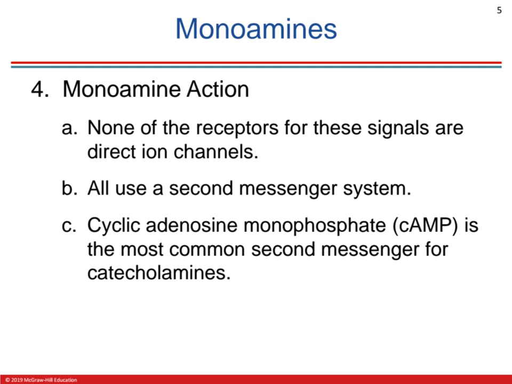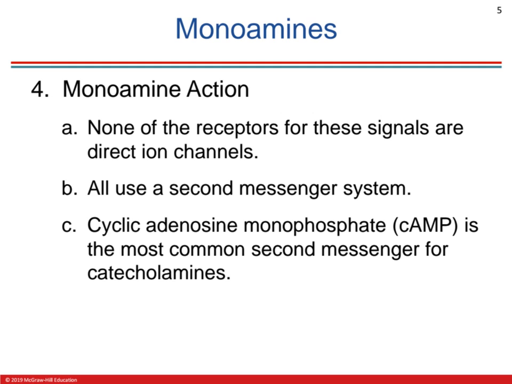Now, for muscarinic receptors, those are typically G protein coupled receptors, which we talked about, where the acetylcholine will bind to a G protein coupled receptor. The G protein is activated, and that may lead to other types of postsynaptic effects, such as the opening of a potassium channel.